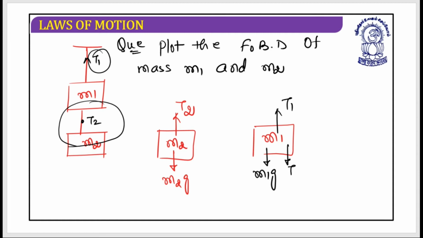So let's give it the name T2, and it is acting in the downward direction. Why? Because it is away from the body. I hope these things are clear. Is it clear? So now will you be able to make the FBD of different situations? Are you sure? Great.